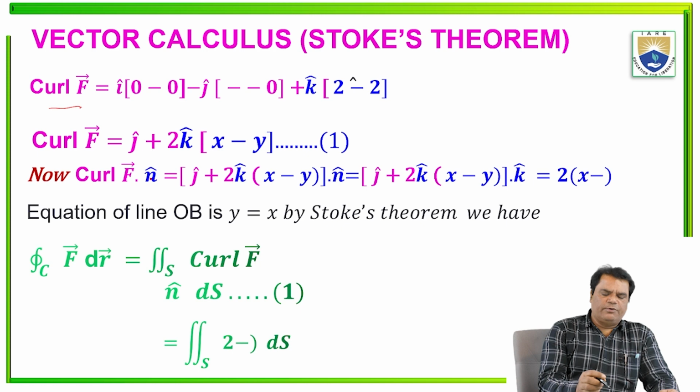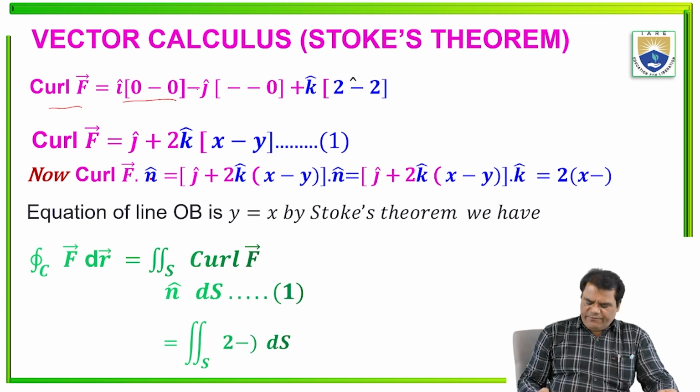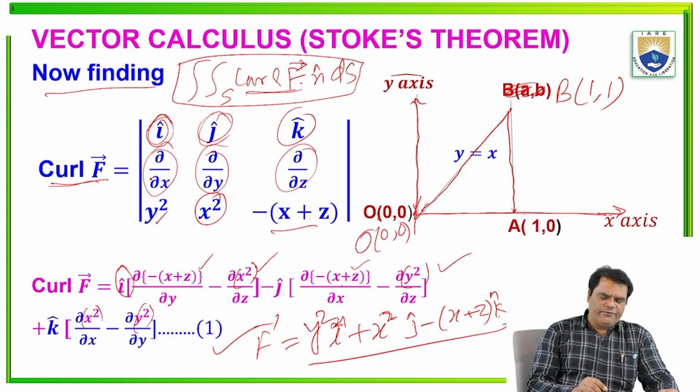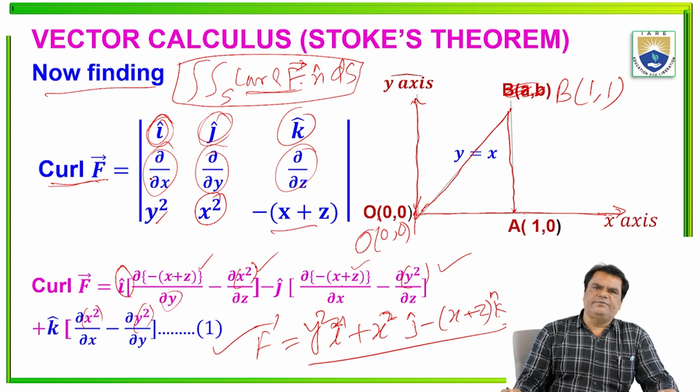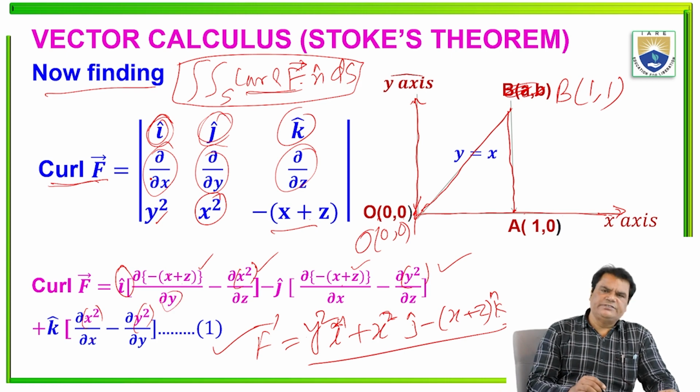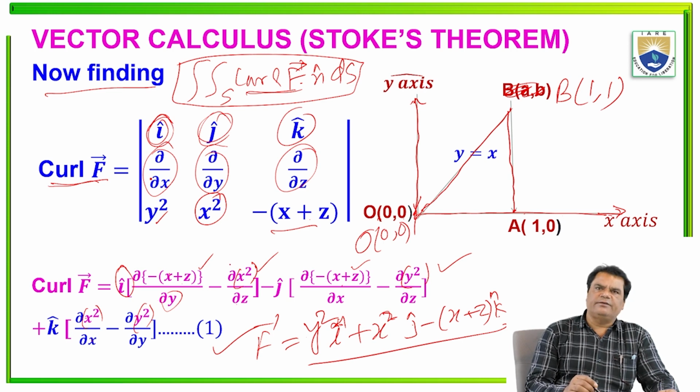So now curl F: the first result is 0. Why? Differentiating x + z with respect to y, x + z is constant with respect to y, so the differentiation is 0. Differentiation of x² with respect to z, x² is constant with respect to z, so this is also 0. Differentiating with respect to x of x + z gives 1, and this result is 0.